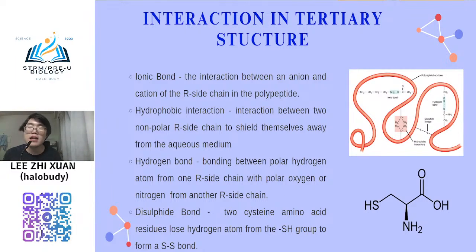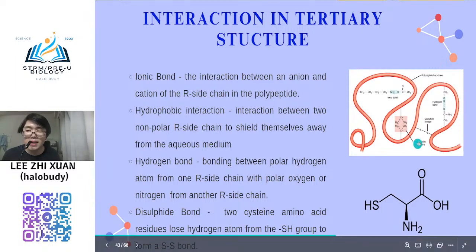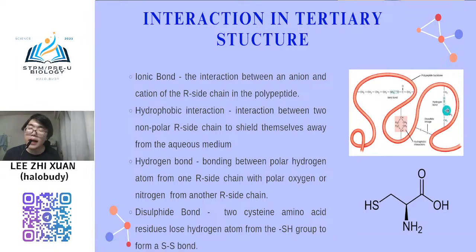But hydrophobic interaction, disulfide bridge, hydrogen bond, all these three are very easy to break. If your environment changes, like the temperature is too high or too low, or you add acidic conditions, or you go to a radioactive environment, the 3D structure of your protein will change very easily.